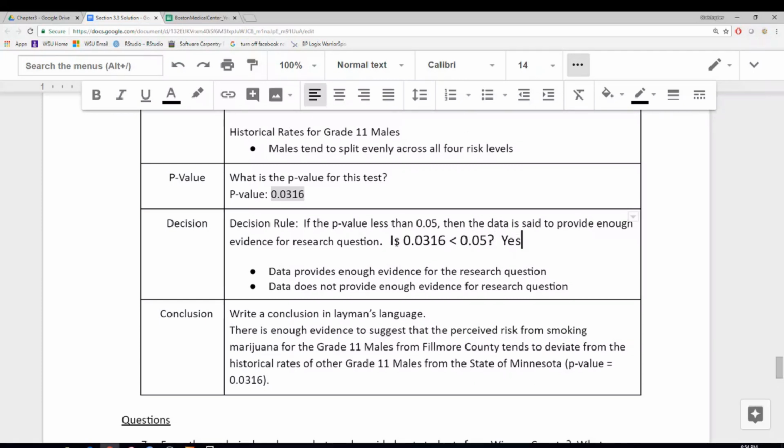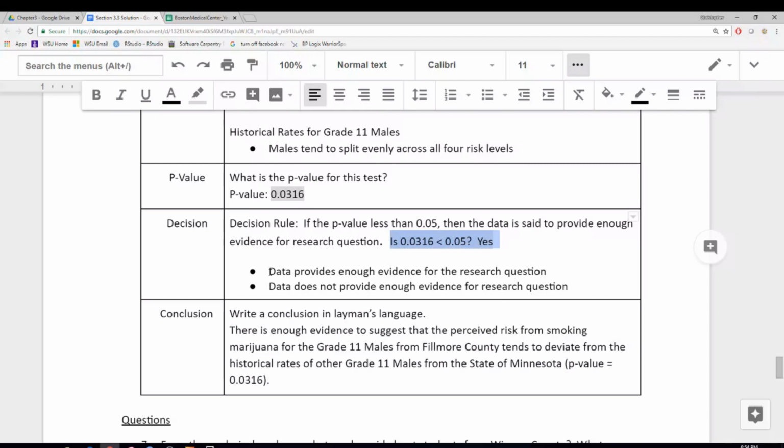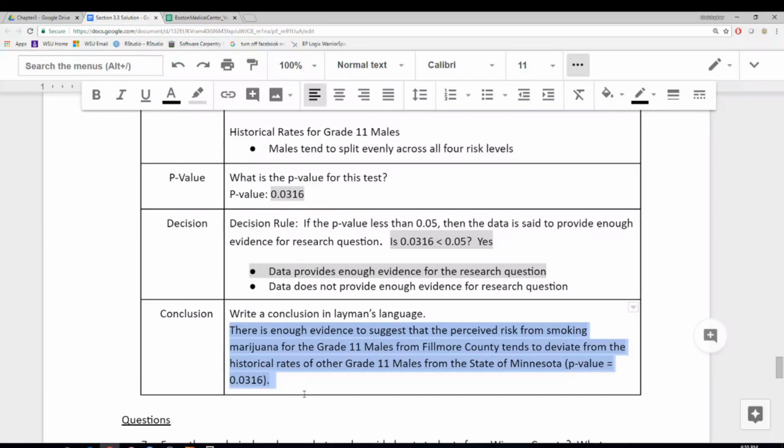And it is this time, so yes, it is. Let me highlight that for you. That does provide enough evidence for my research question. And then my conclusion is stated here as well. So there is enough evidence. Just repeat this research question, and the p-value associated with that is 0.0316.